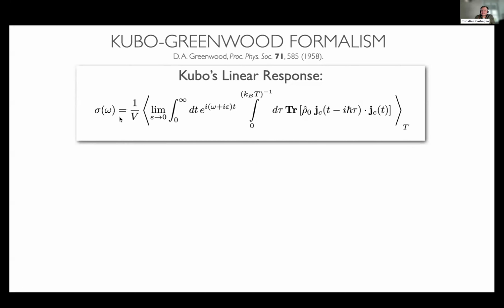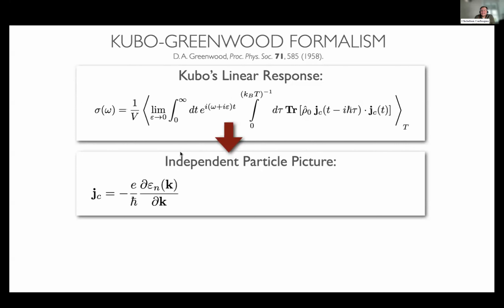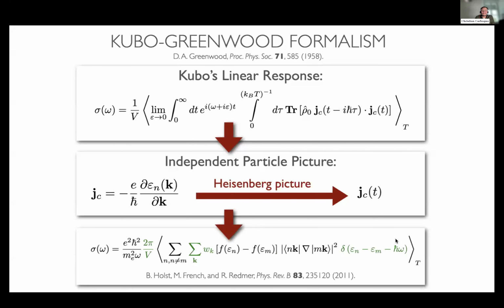And this gives you the frequency-dependent conductivity. If we then use an independent particle picture as done in density functional theory, write out the flux operator in such a picture, and then transform it into a Heisenberg operator and evaluate this, what we get is this equation describing the frequency-dependent conductivity.